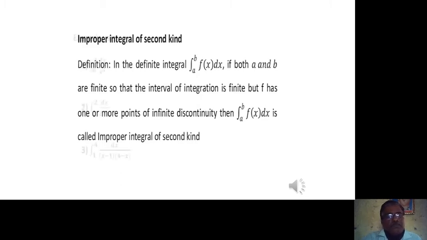For example, in this example we see integration from 0 to 1 dx by x square. In this case both the limits are finite, but the function 1 by x square, as x tends to 0, gives 1 by 0 which is infinity, so f is not bounded.